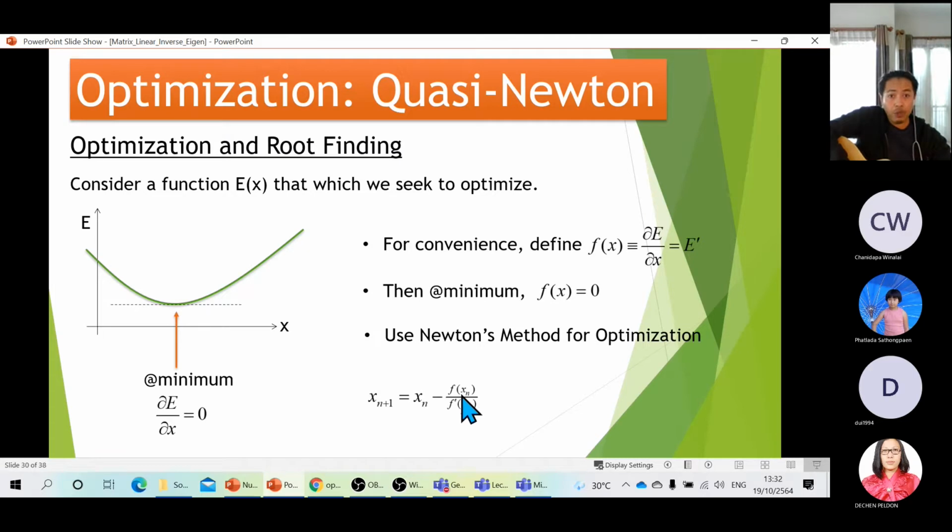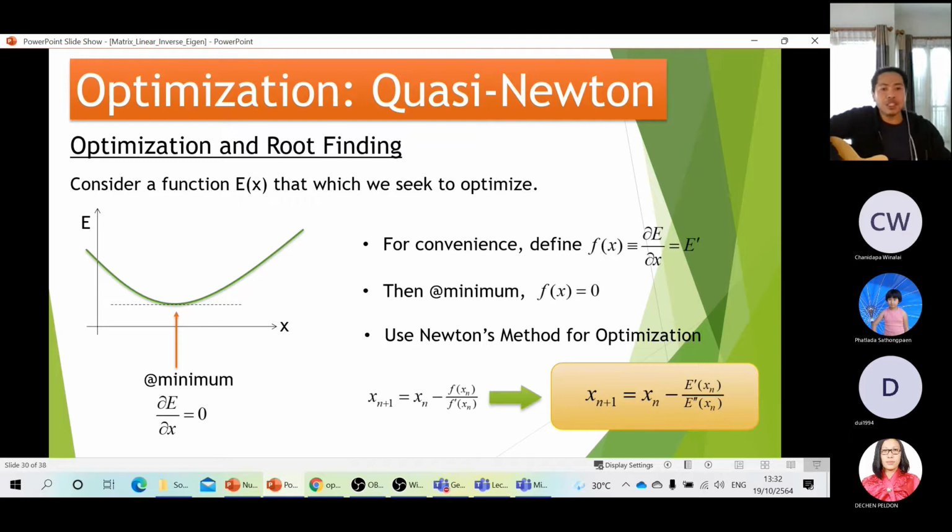But we know that F is E prime, so we can turn this into an optimization problem. F becomes E prime, F prime becomes E double prime, just like that. Very simple. Now we know how to find the minimum point of a function that you want to minimize: energy, the cost of your business, and so on.